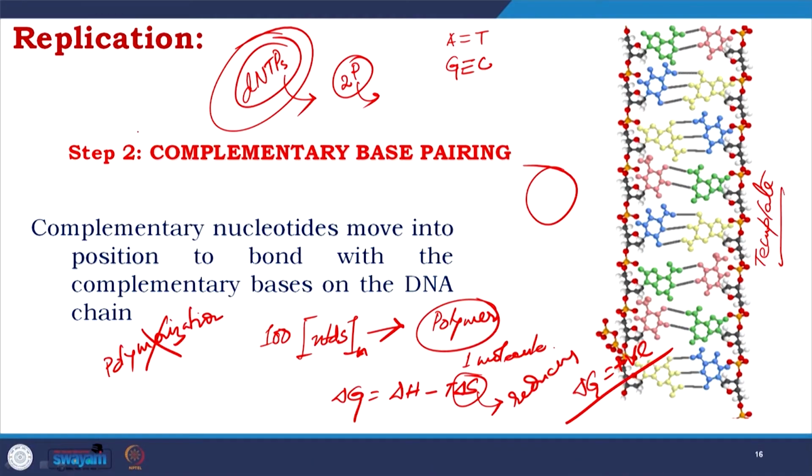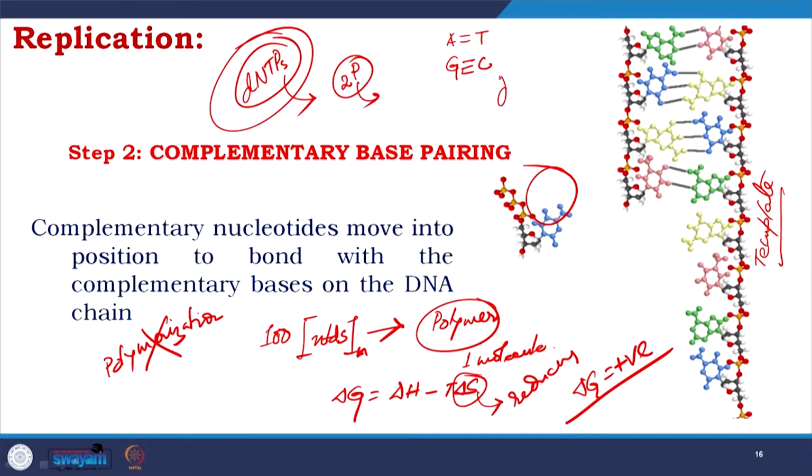That energy is compensating the delta G positive value. That is one thing. So, the reason why they are coming as dNTPs is that they are actually complementing the thermodynamic energy.